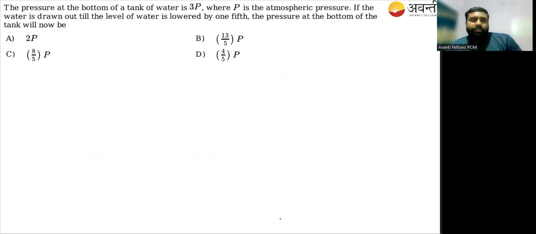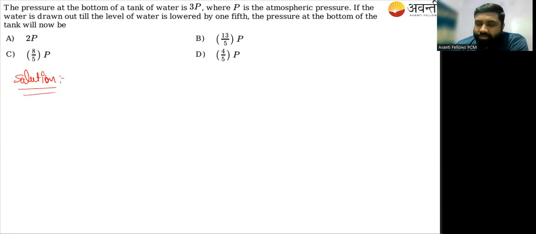Okay, this one. The pressure at the bottom of a tank of water is 3p. This is the pressure at the bottom, where p is the atmospheric pressure. If the water is drawn out till the level of water is lowered by 1/5, the pressure at the bottom of the tank will now be? So initially the height and all is not given to you.